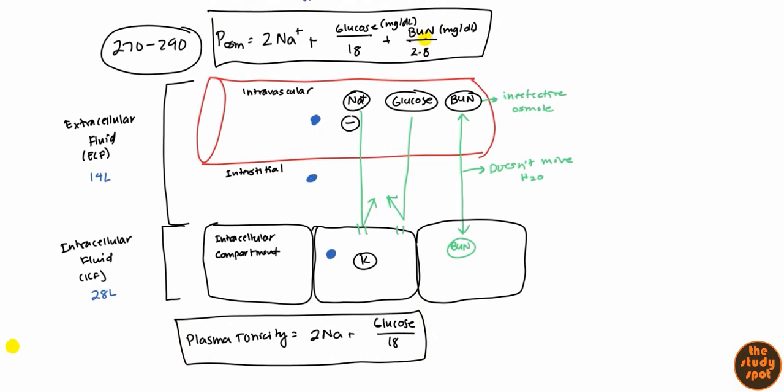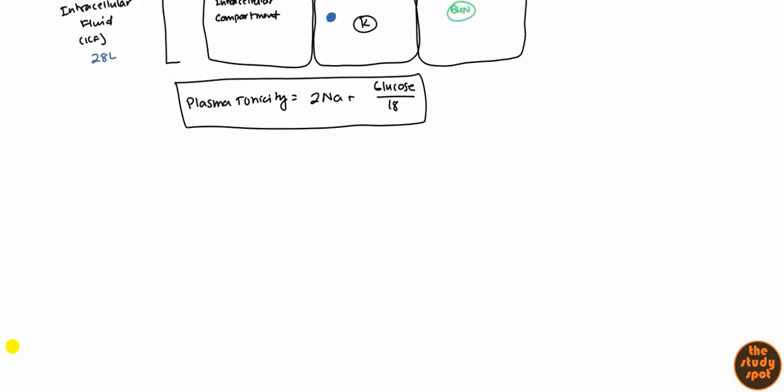So this is BUN here, and there's no BUN there. And again, plasma tonicity is focusing more on osmoles that actually move water in one direction or another, and don't move themselves to adjust with water. So this is just a general overview of osmolality, which does become important when we're talking about problems with sodium.